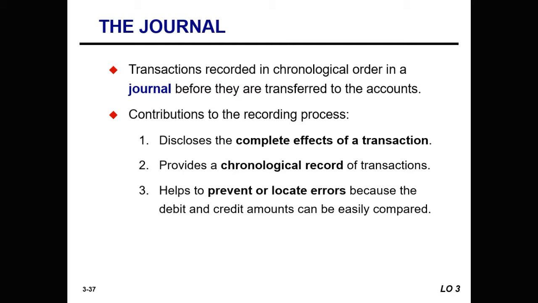The journal provides us with this chronological record of transactions, which, between having the complete effects of the transaction and the chronological record of the transaction, allows us to prevent or locate errors because we can see the debit and credit amounts in one spot. The actual act of entering transaction data in the journal is known as journalizing.